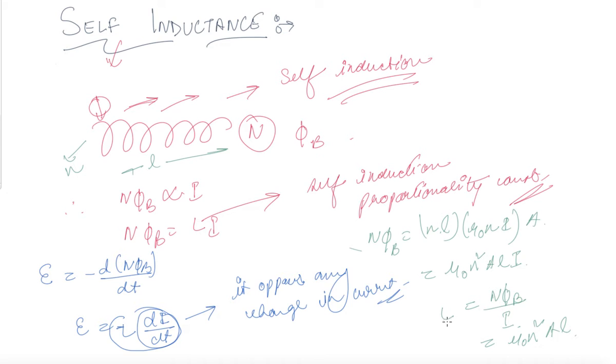If you further simplify, L is nothing but mu r into mu naught into n square A l.